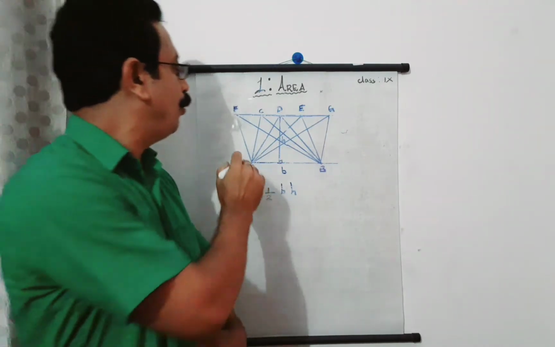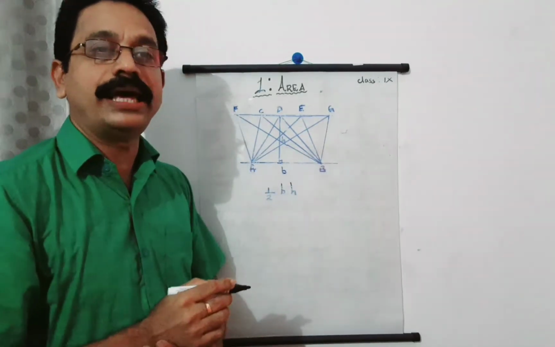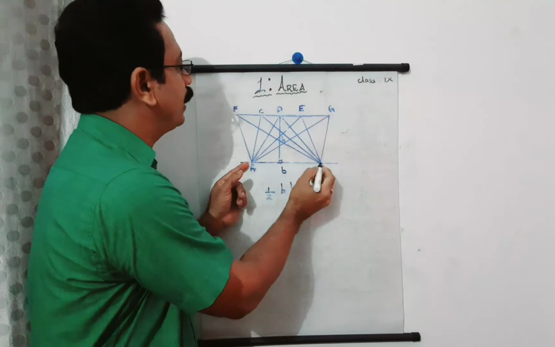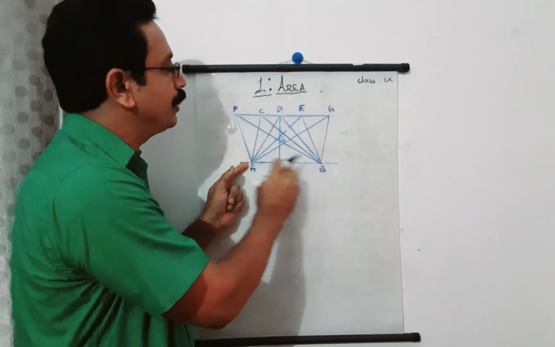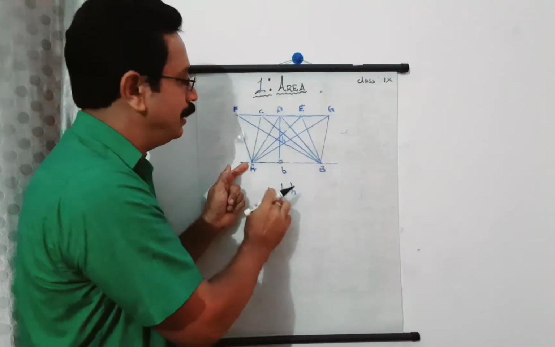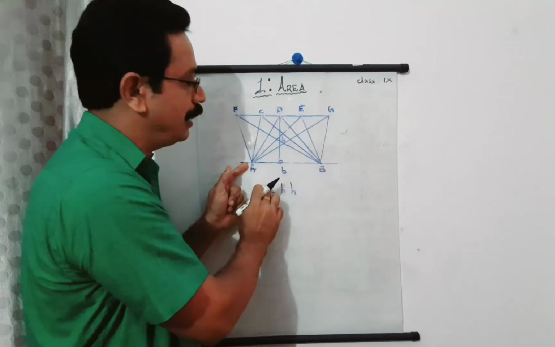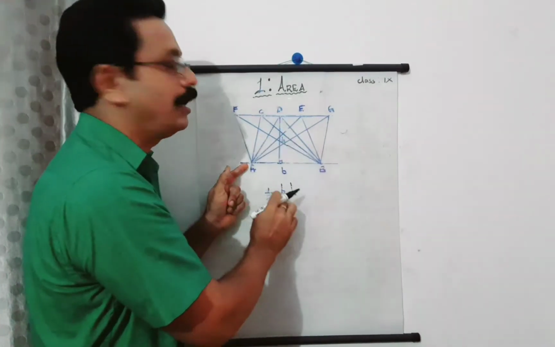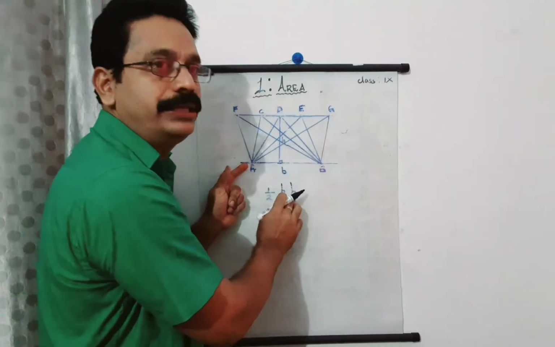That is, all these triangles have the same base and the same height. That is, the area of triangle ABF is half bh, area of triangle ABC is half bh, area of triangle ABD is half bh, area of triangle ABE is half bh, area of triangle ABG is half bh.